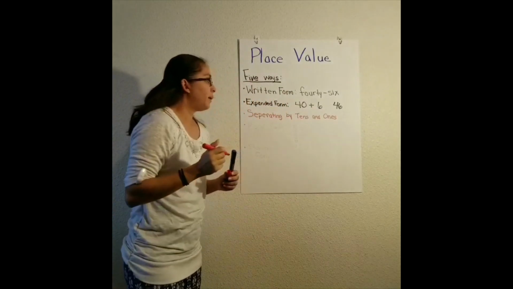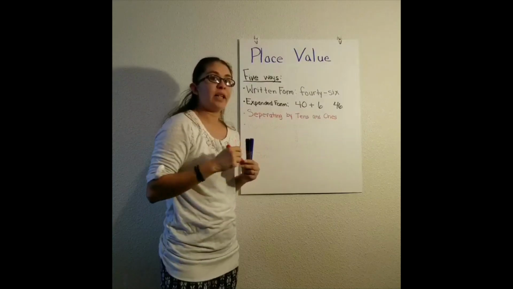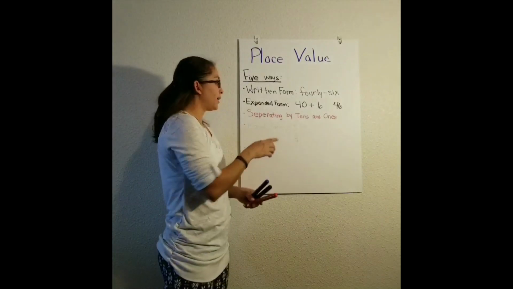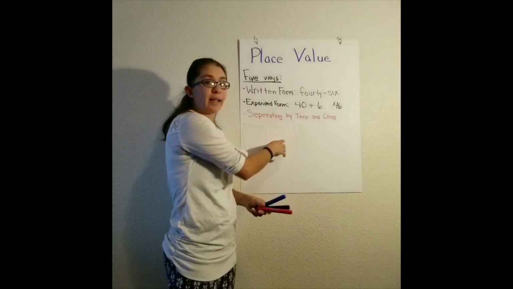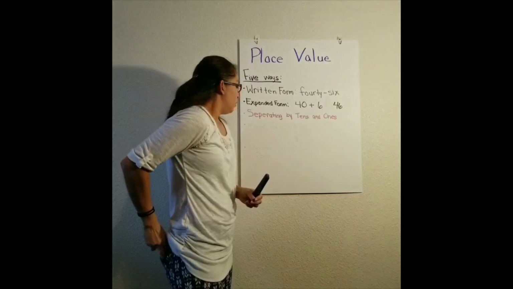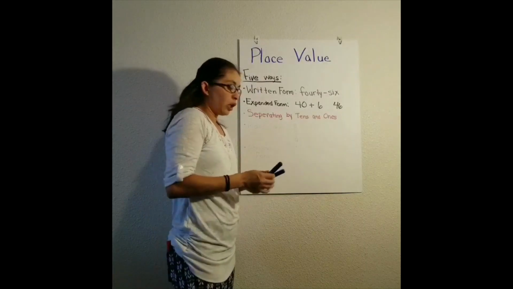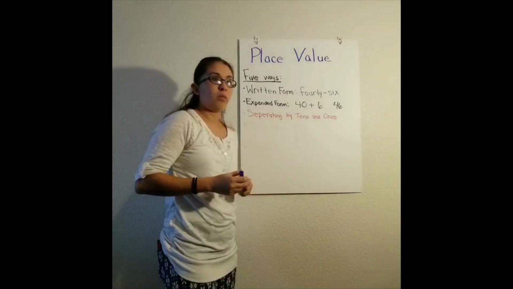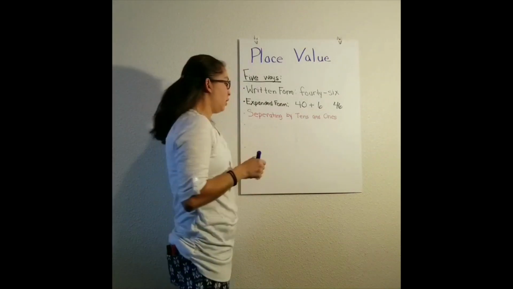Now, the activity that we will be doing in a little bit is we're going to practice separating it by tens and ones. Those are 2 main things we're going to focus on instead of hundreds, because we will do hundreds later on.